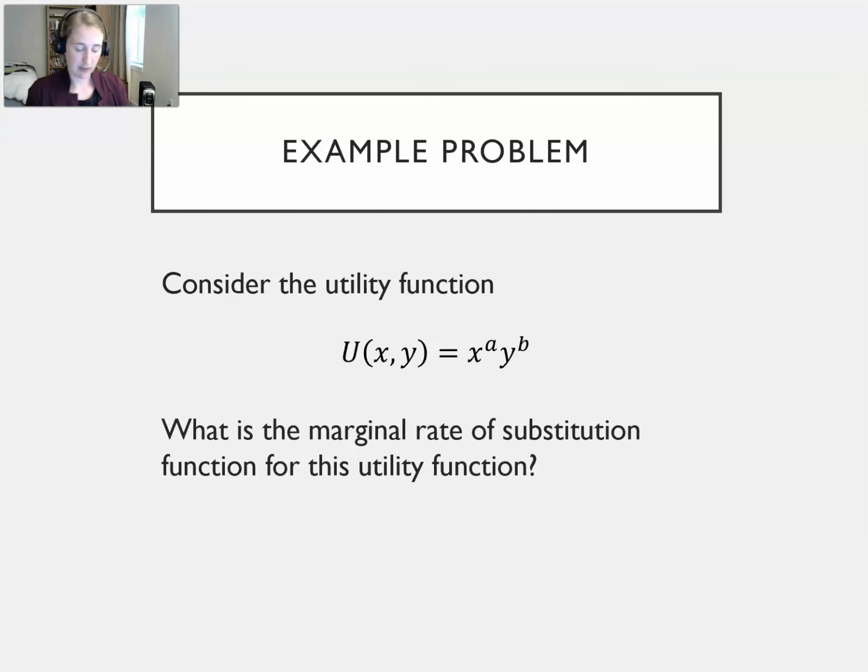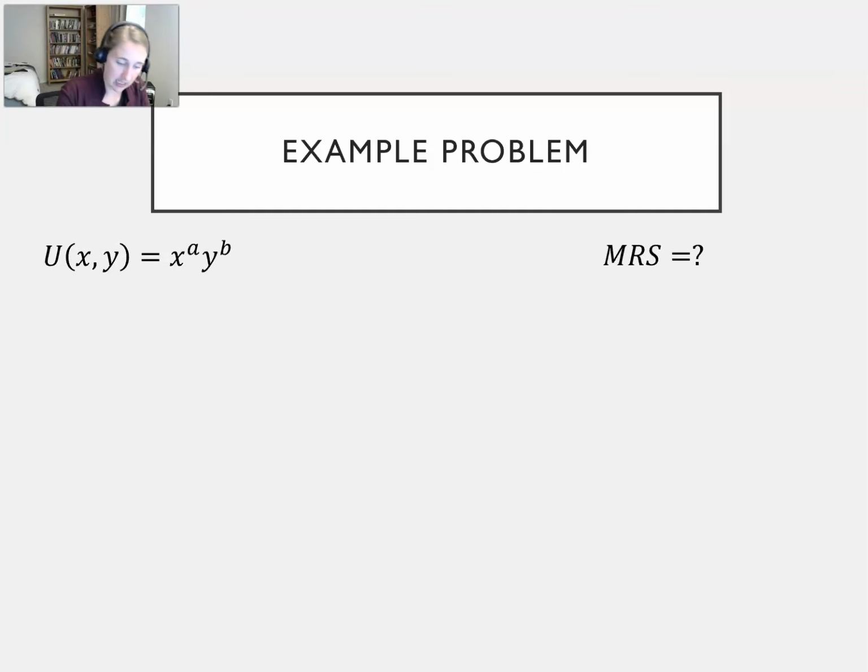So suppose you have a utility function of x and y, x to the a, y to the b. What is the marginal rate of substitution for this utility function? Well, first thing I have to do is the marginal utility of x. And remember, when I take the partial derivative of that function with respect to x, I just treat y like it's a constant.